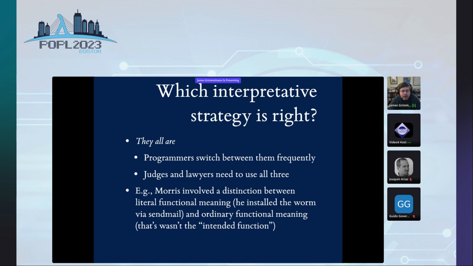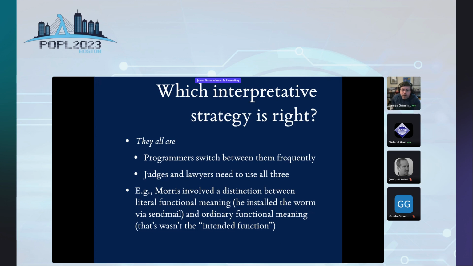So to go back to the Morris Internet Worm case, that's a case in which the literal functional meaning of sendmail and fingerd allowed him to install his worm program by exploiting buffer overflows. The worm program was installed by doing that. But the court holds that this was a violation of the Computer Fraud and Abuse Act because these weren't the intended functions of these programs.